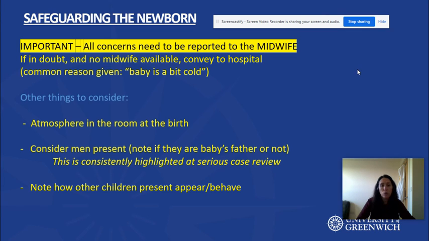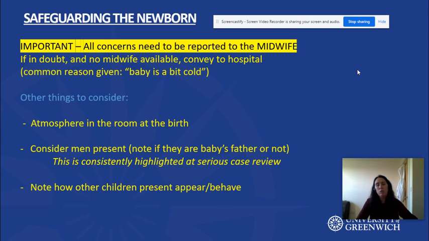In that case, you'll probably have to phone up the clinical hub and find out a little bit more information. It should be that there's a midwife on scene, but if for any reason there isn't, then this baby needs to be conveyed, because you cannot leave a baby who's already got a flag on it at home with the people who potentially could be those that you need to protect it from. So look out for that.